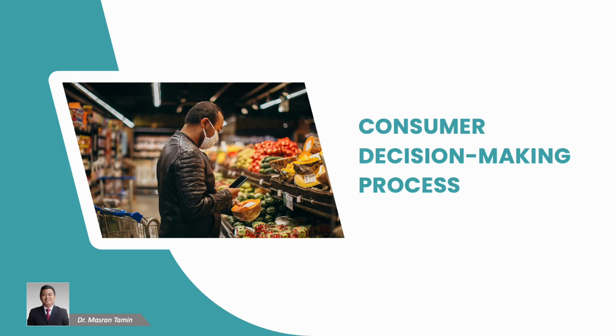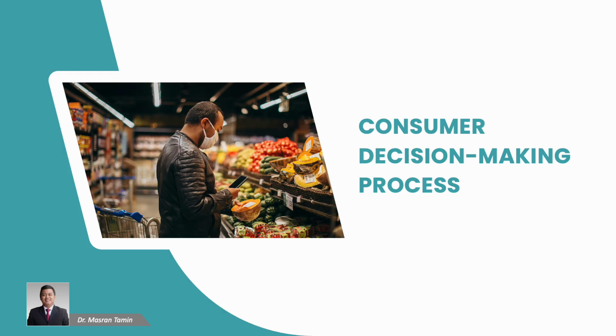Today we are going to explore the consumer decision making process, which explains how individuals decide what products or services to buy. Understanding this process is critical for marketers because it helps them identify opportunities to influence customers' decisions at each stage.